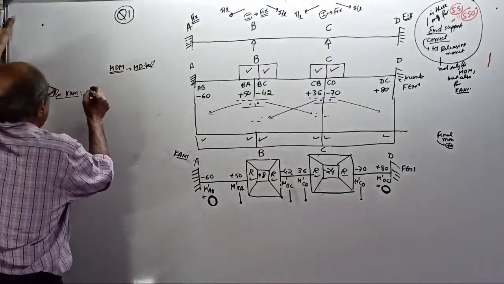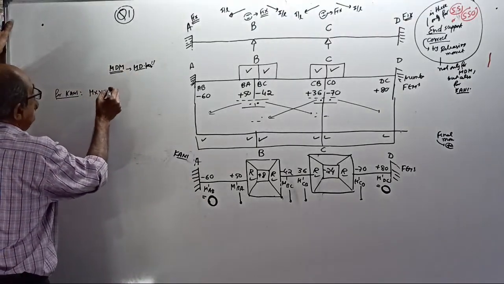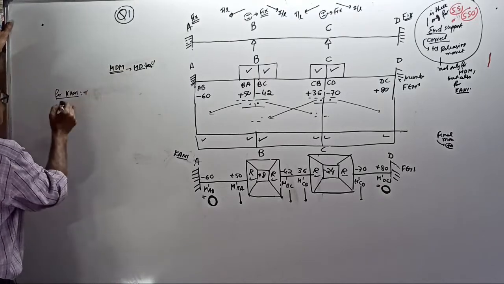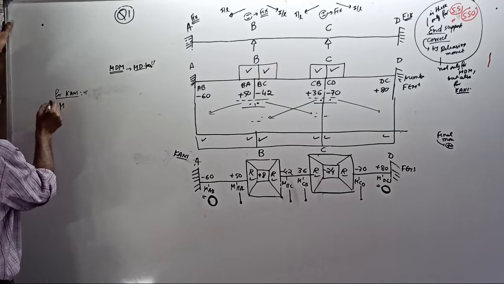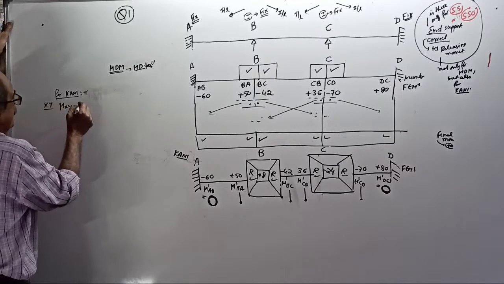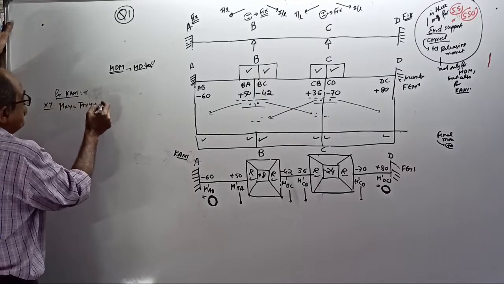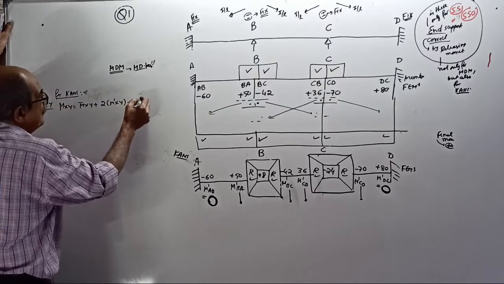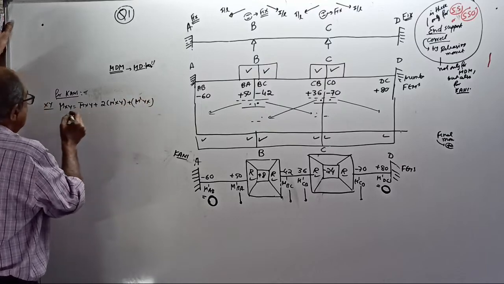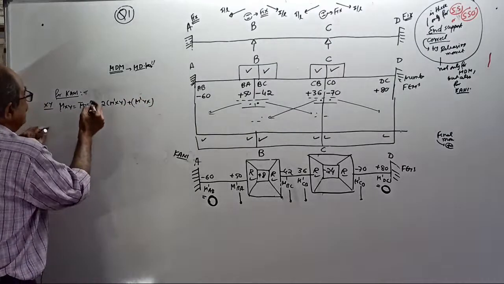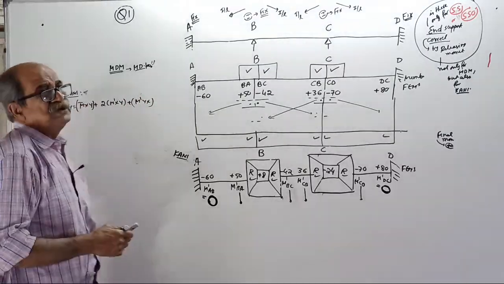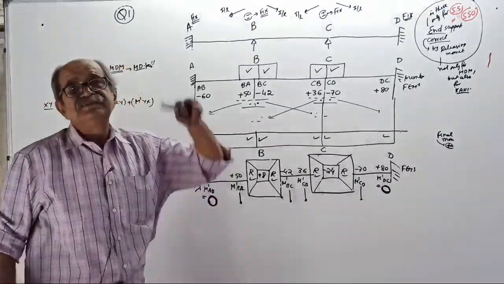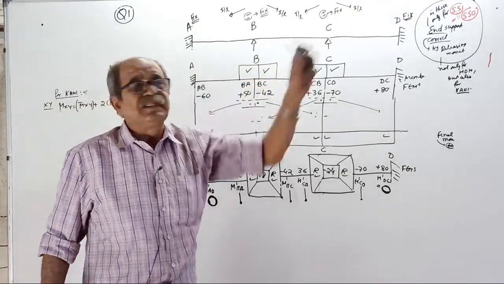The formula is: for any member XY, Mxy equals M bar xy plus 2 times M dash xy plus M dash yx. This is fixed end moment plus 2 times the rotation contribution at that end plus the rotation contribution at the far end.